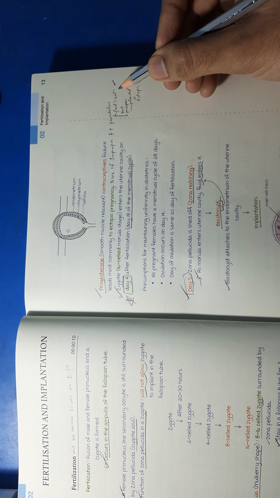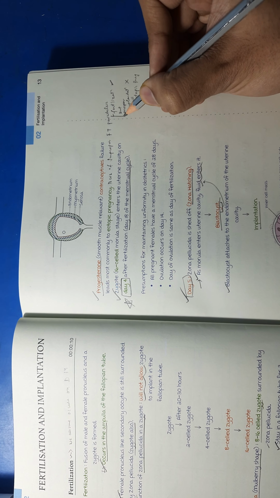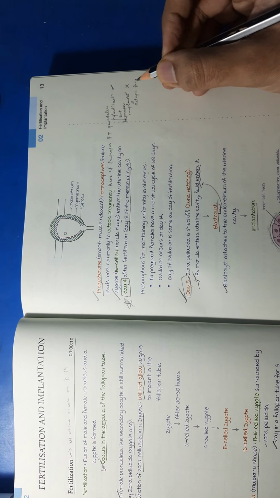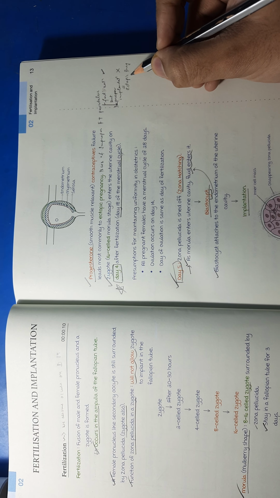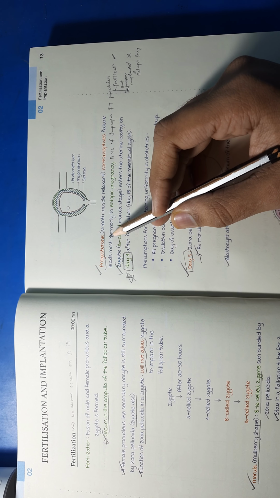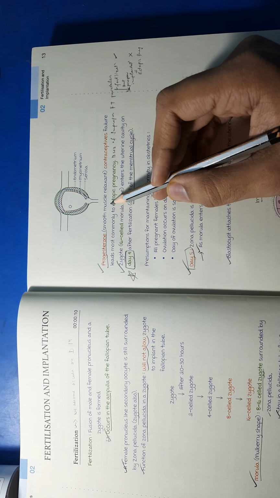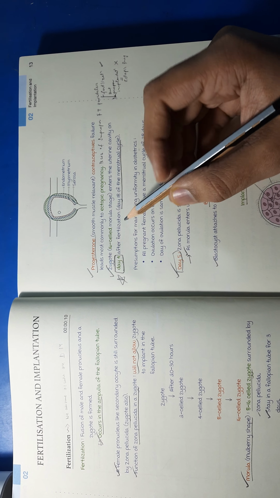But this fertilization won't allow the zygote to come to the uterine cavity, so there is ectopic pregnancy. This is mostly seen with progesterone contraceptives because they are smooth muscle relaxants and decrease the peristaltic movement.